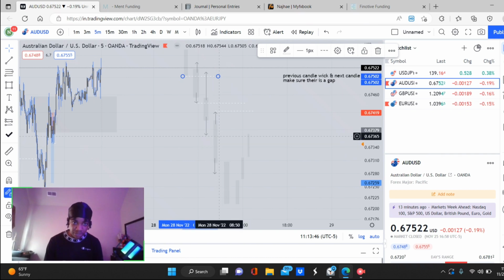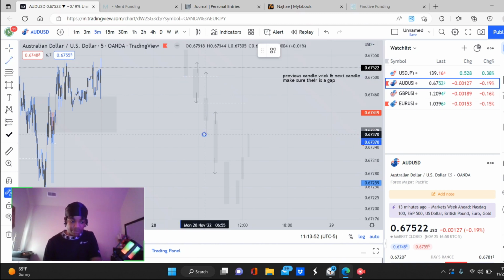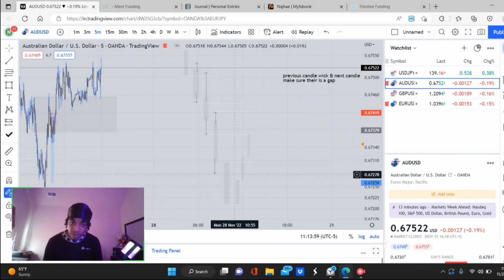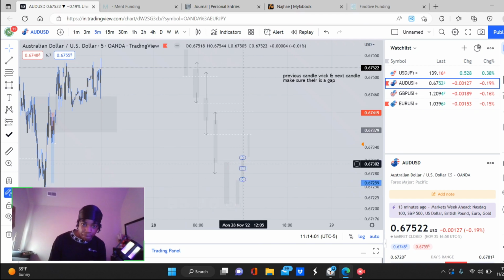Right here, say if we're trying to find the imbalance of this candle, right? We use the previous candle and the next candle. So previous, draw it out. Next candle, draw it out. And as you can see, there is no imbalance, because as price is pulling back right here, it fills it in.